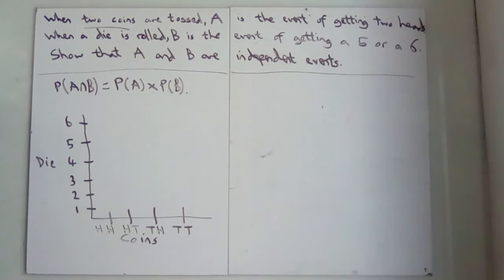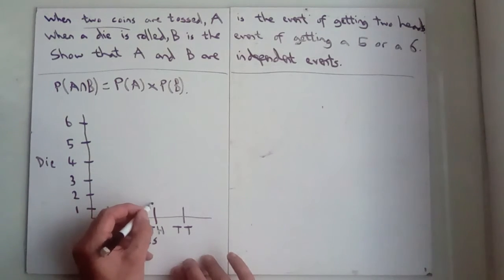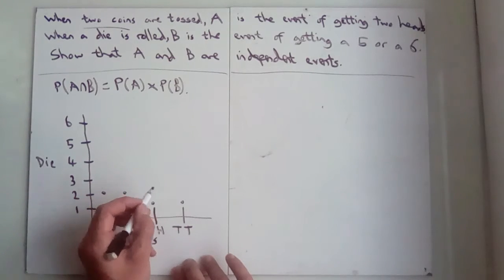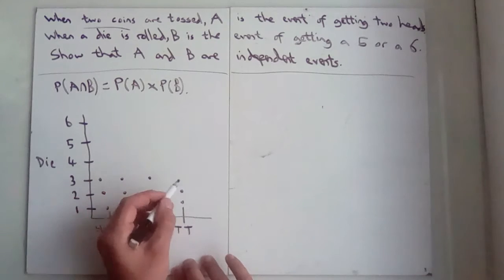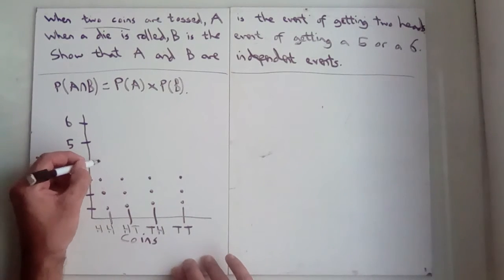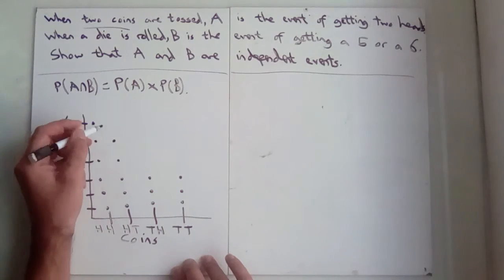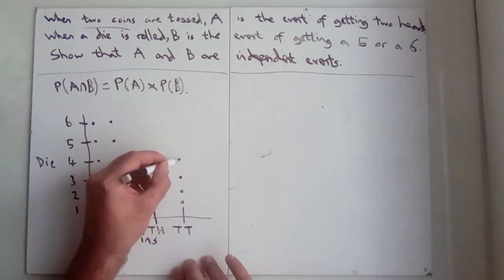So if we then do our little 2D grid, basically there's a point for everything, and the total number of points is the total number of possible outcomes. So all I'm doing is joining the intersections on the grid. And it's a bit of a pain, and I would be very surprised if you have to do this.